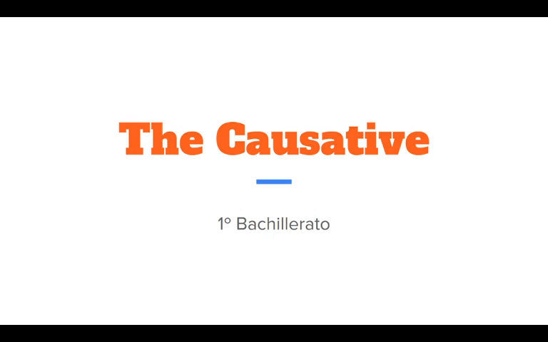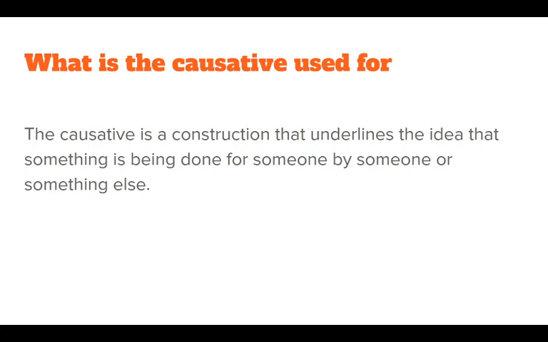Okay, let's see what the use of this causative is. Basically, it's a construction that highlights the idea that something is being done for someone else by someone else or by something else. Okay, someone is doing something for someone, and we want to point out that it's important.